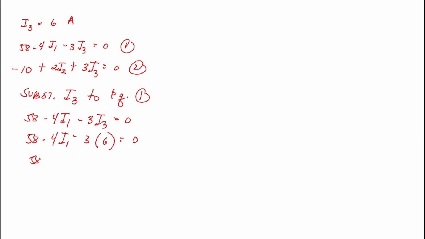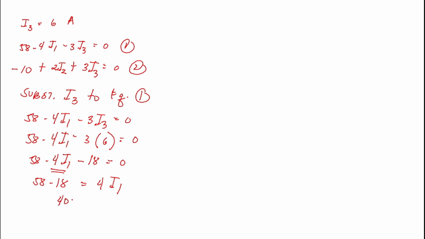So, 58 minus 4I1, 3 multiplied by 6 is negative 18, is equals to 0. Okay? Then, 58 minus 18 is equals to, lipat ito, magiging positive 4I1. 58 minus 18 is equals to 40.